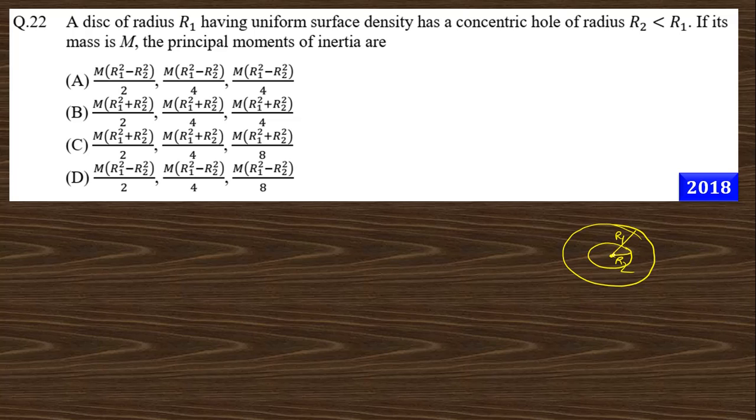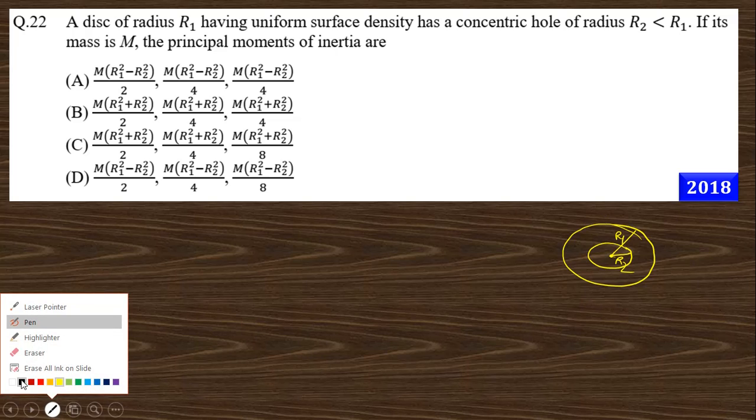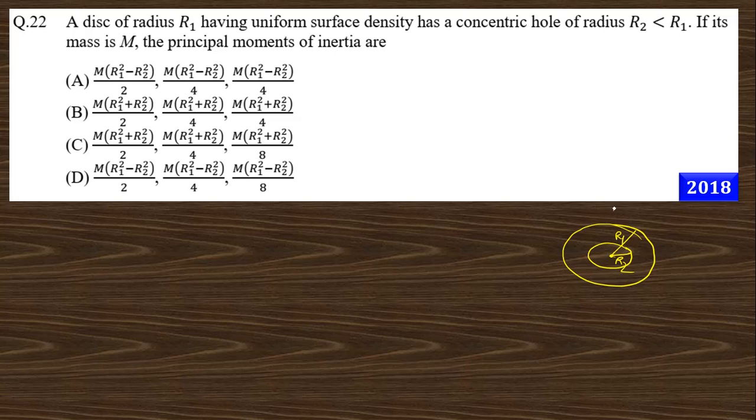So you know the moment of inertia about the z direction. Z direction means the axis which is perpendicular to this plane. So what will be the value of Izz? Izz will be the integral of dm into r square, where r is the distance. So just integrate.